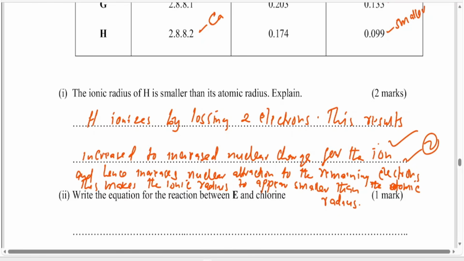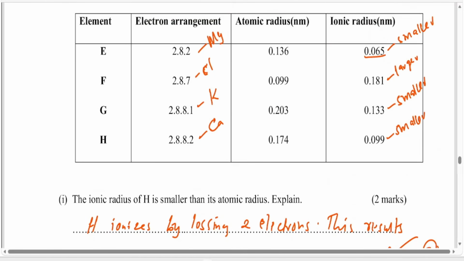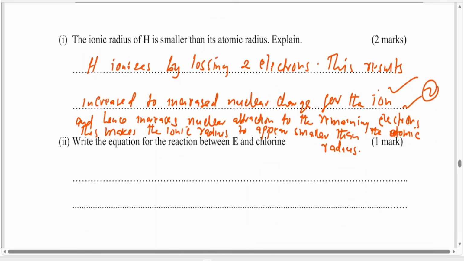Please, learners, note that this is the only explanation that we use when relating atomic and ionic radius for metals. So if I was to explain the same for G and even for E, I could still use the same explanation.